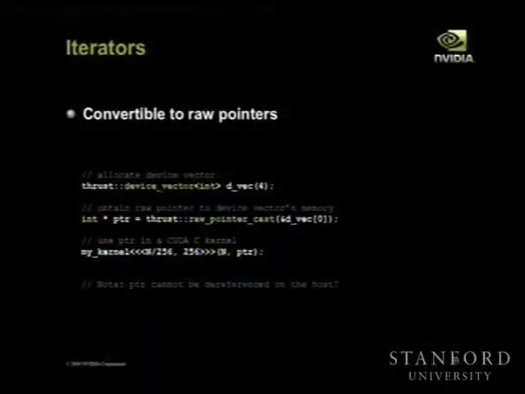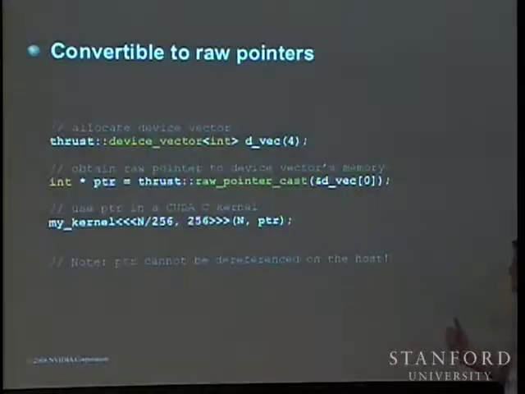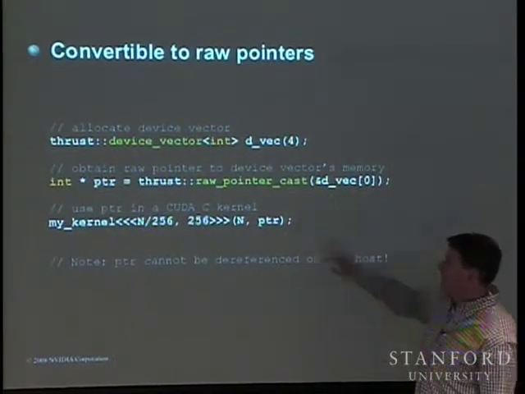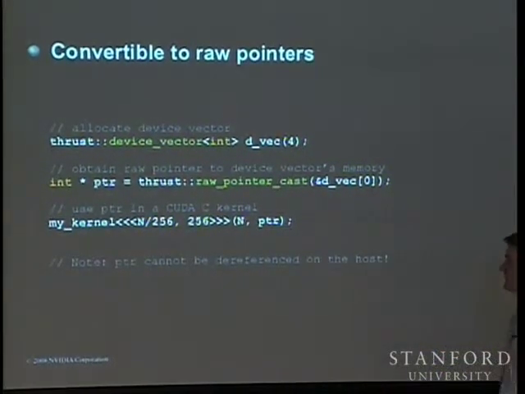As I mentioned, if you have a container, so in this case a device vector, and you want to use that data in an existing CUDA kernel, say you just want to use thrust to manage your memory, not to use any of the algorithms, you can very easily get a pointer from that. So we have a device vector full of integers, and we just get an integer pointer to the beginning of that device vector using the raw pointer cast.